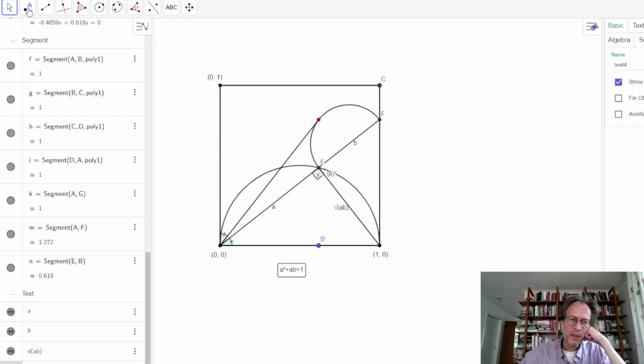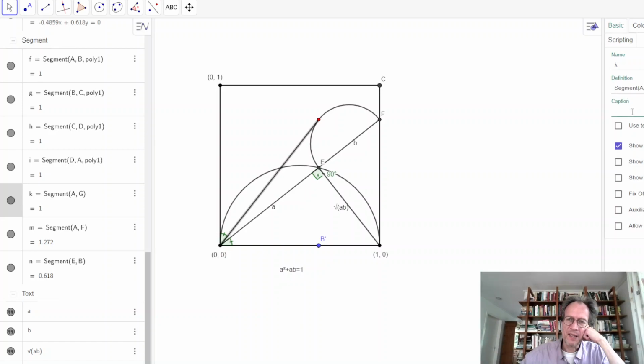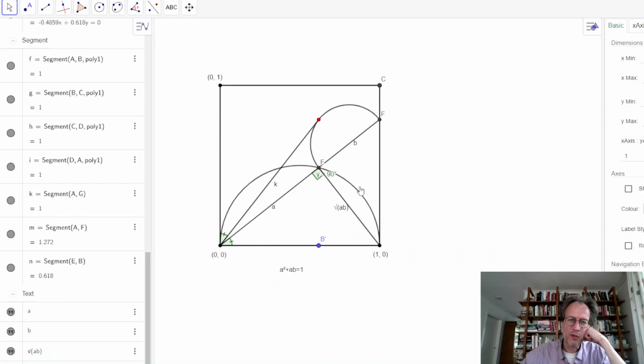Now we're going to calculate the length of this tangent. Let's say it has length k. What we know is if we take the power of the origin with respect to this circle, if you complete the smaller semicircle, you get a circle. You can take the power of the origin, and because this is a tangent line, that power is, on the one hand, k squared. On the other hand, if I go along this line, the power is a times (a plus b).